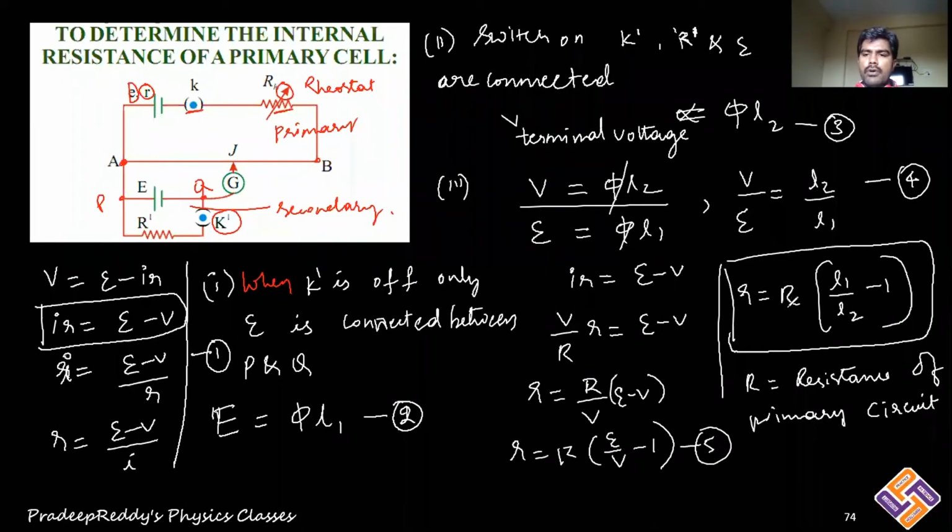R value you know, L1, L2 balancing lengths you know. Simply you will be substituting all the values here so that you can find out the internal resistance of the cell, this small r. So small r value can be calculated by using this relation: capital R into L1 divided by L2 minus 1. Clear? This is the way you can find out the internal resistance of the cell.